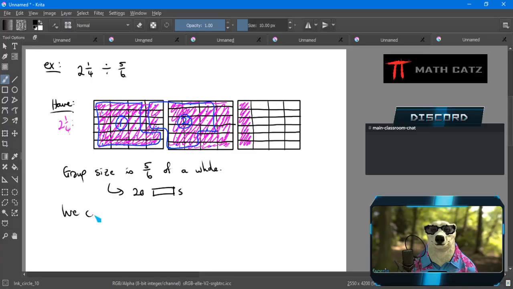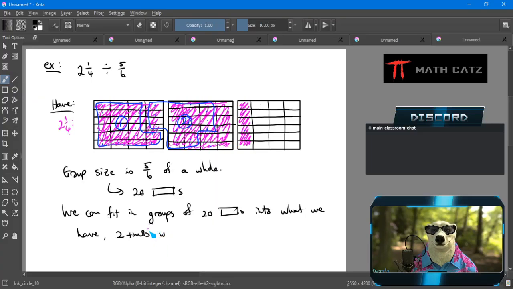So we can fit these groups of 20 into what we have 2 times.